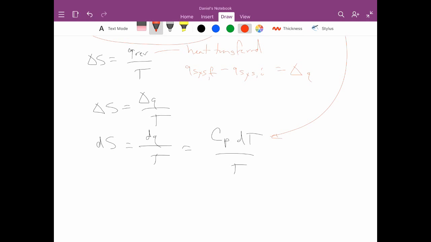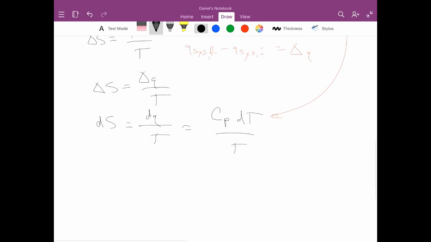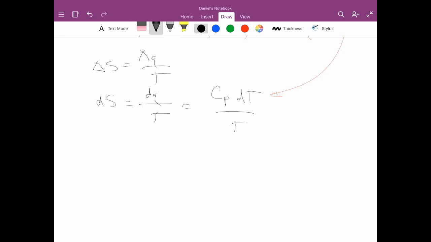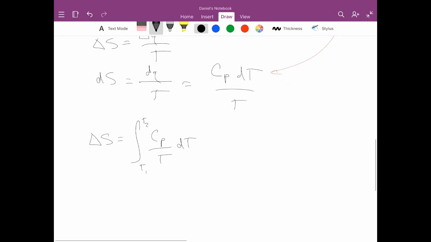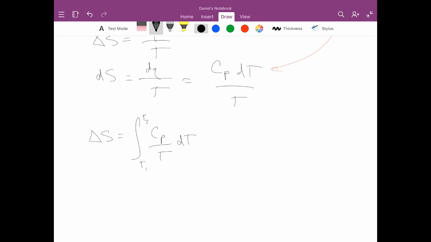So now we have an equation relating the change in entropy to the heat capacity at any given point. So if we want to get the total change in entropy between 2 points, we just integrate this equation, Cp dT over T, between 2 different temperatures, T1 and T2, and that's a general equation to get the change in entropy between any 2 temperatures of a substance.